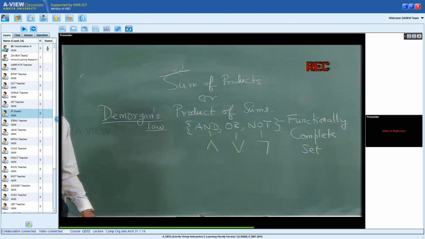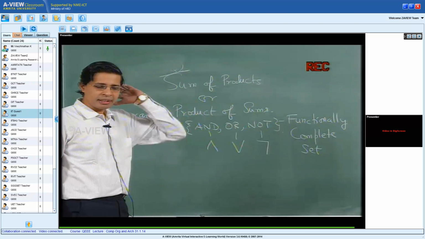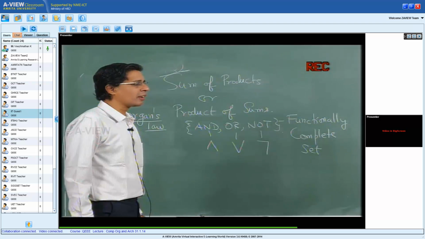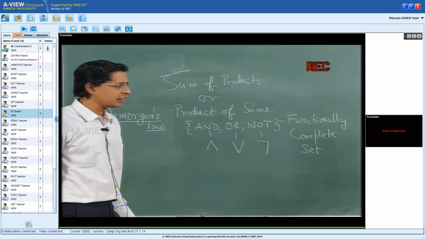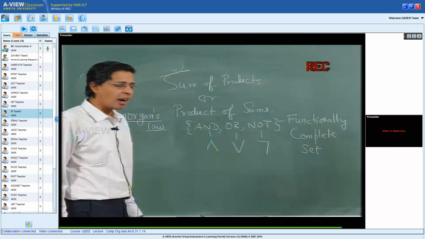De Morgan's law gives a relation between AND and OR. Basically it gives you a methodology by which I could realize an OR function using AND and an AND function using OR.